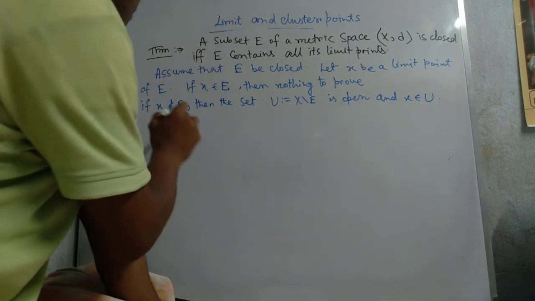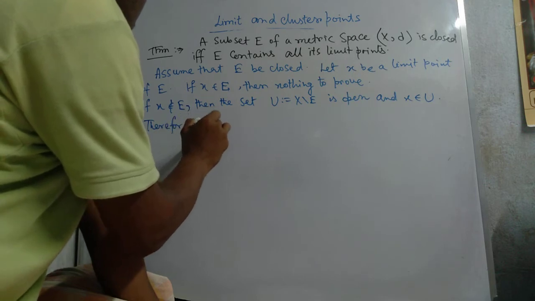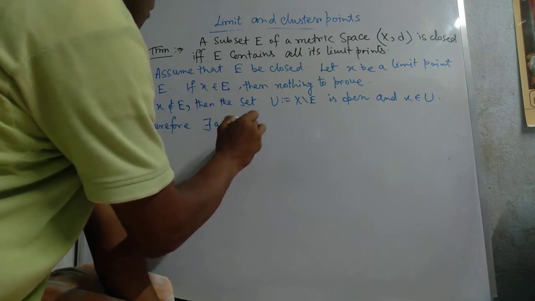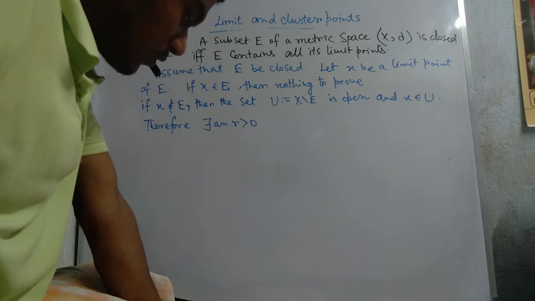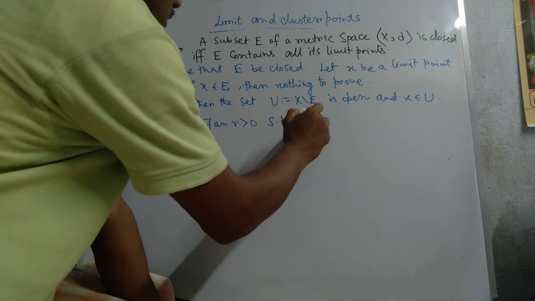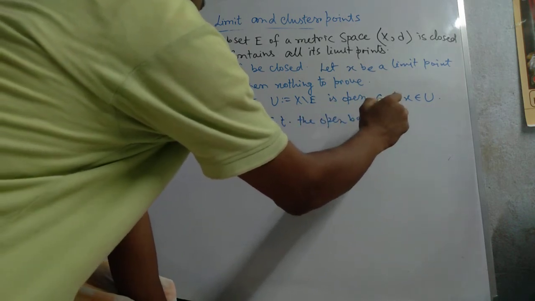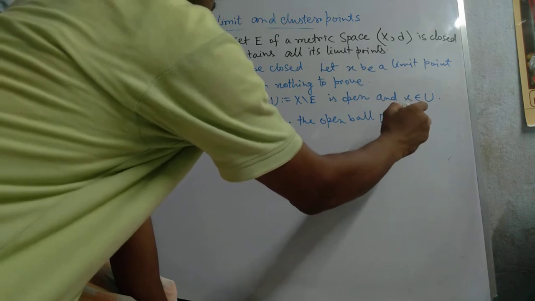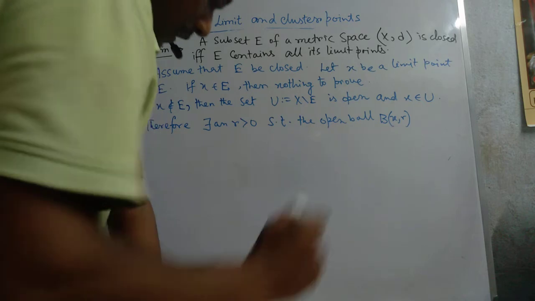Therefore, there exists an r greater than 0 such that the open ball B(x, r) intersection E equals the empty set.